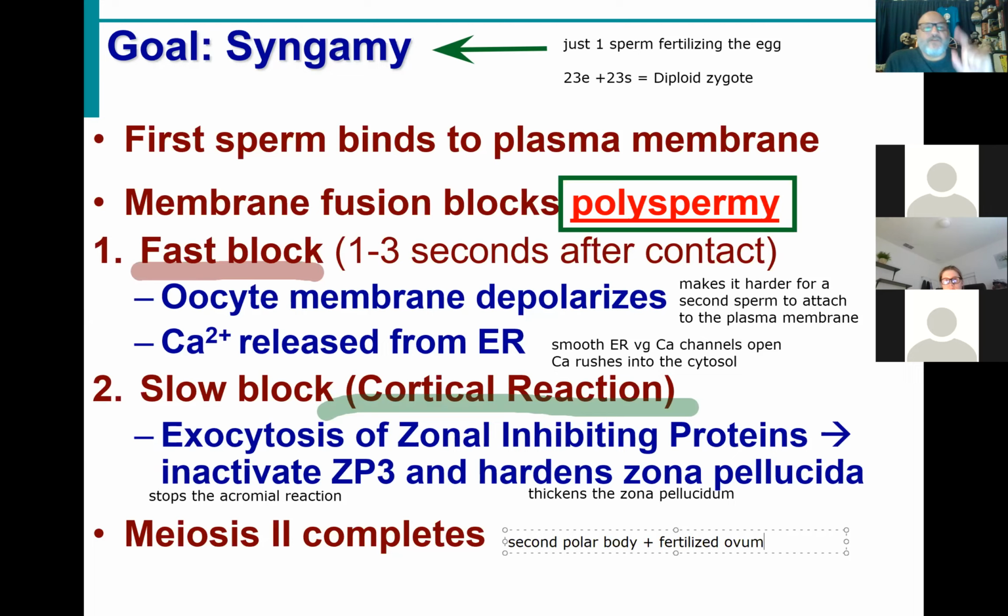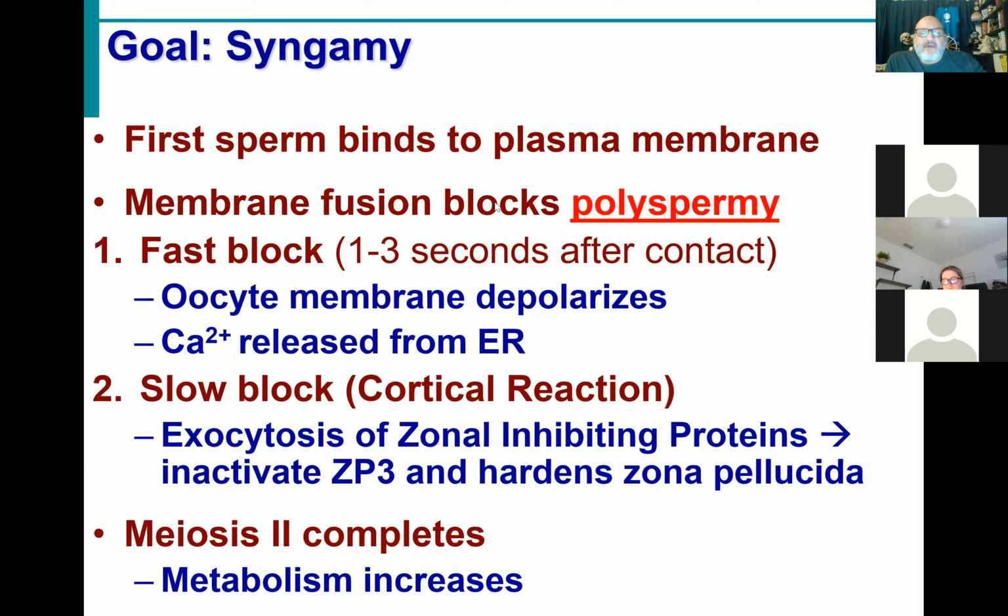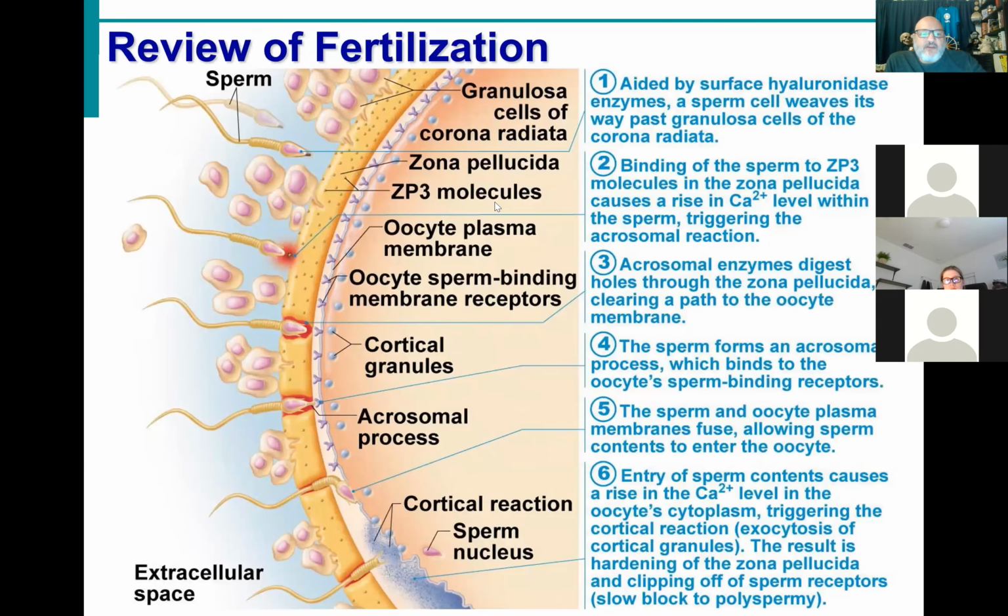All right, so here we've talked about how we fertilize the egg. Again, maintaining syngamy, making sure that just one sperm and only one sperm gets in. And here we've done it with all the pretty words. Here, you see this great illustration from your textbook where it does a really, really nice job of showing this process.